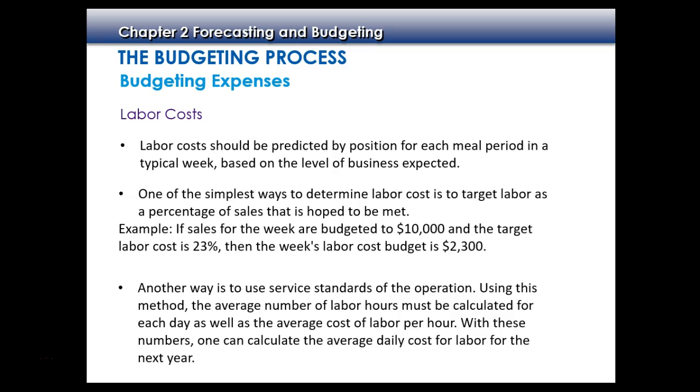Using this method, the average number of hours must be calculated for each day, as well as the average cost of labor per hour. Now, these numbers can calculate the average daily cost for labor for the next year. A lot of those examples are over on page 41.